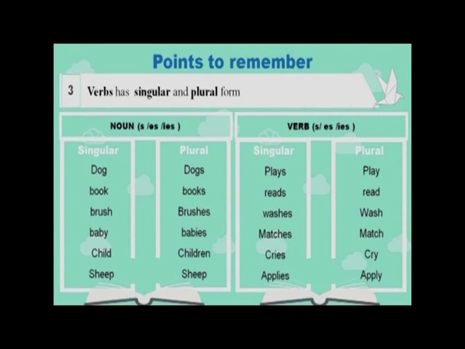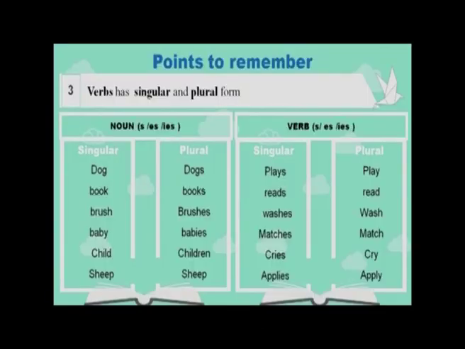Here in verb, we add s, es and ies to plural form to make it singular. See? In noun, we add s, es and ies to make it into plural, but in verb, we add s, es and ies to make it into singular.